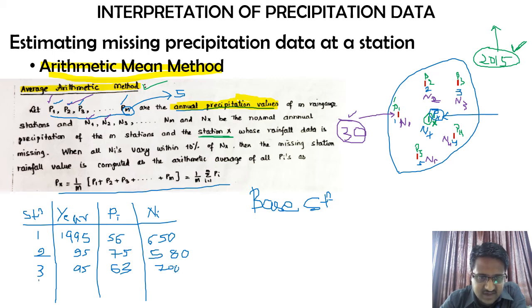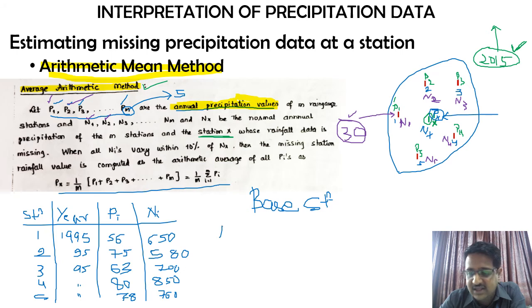For the fourth one, 80, and here somewhere around 850 mm of rainfall. Lastly for the fifth station, year 95, let us say this value is around 78 and here around 760. Now this is for all the ni's, that is n1 to n5.